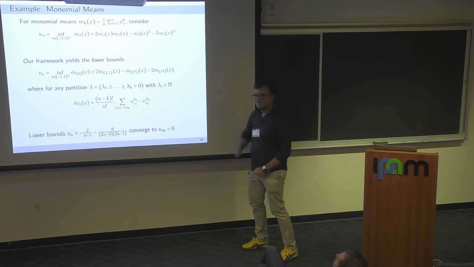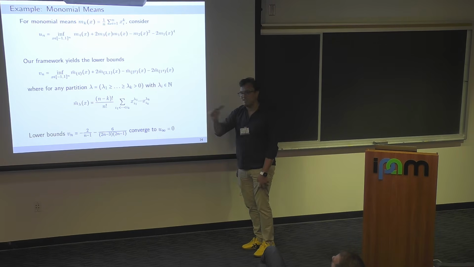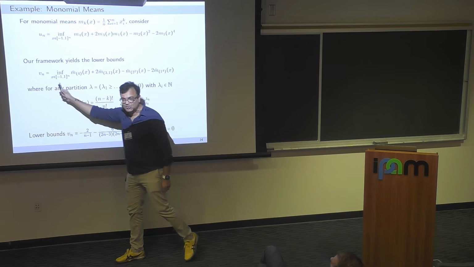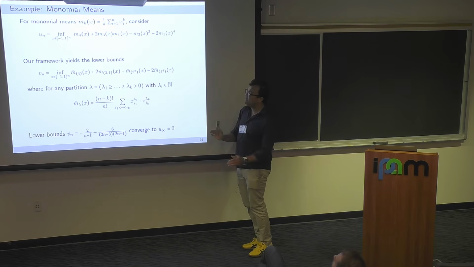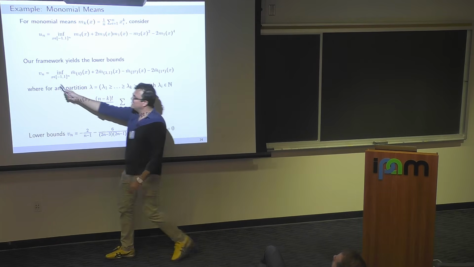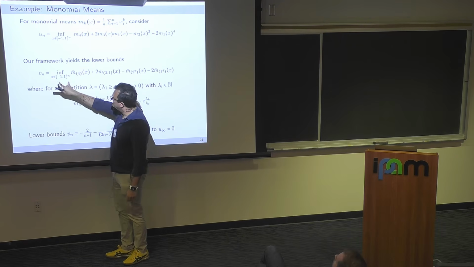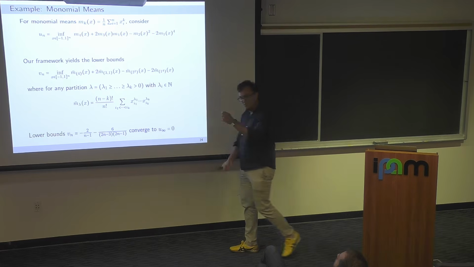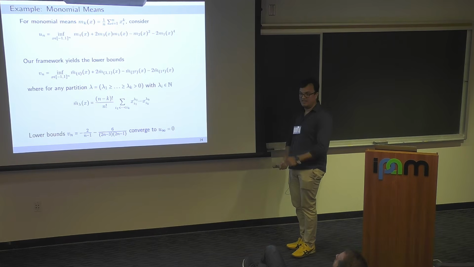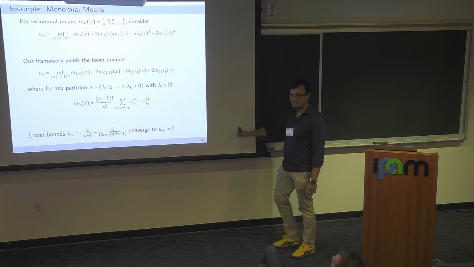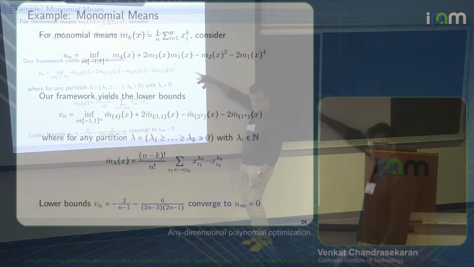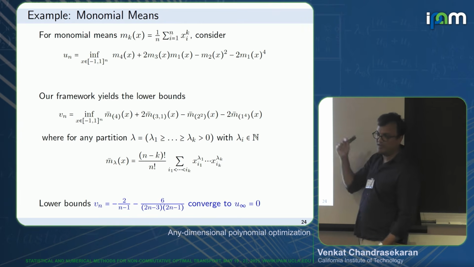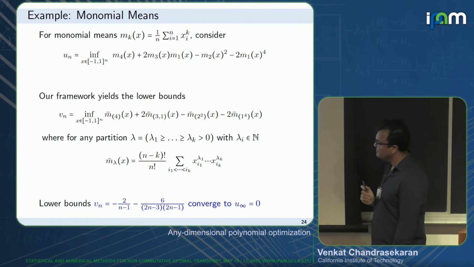But then you turn this crank of rep stability, de Finetti, and so forth, and you get for each n lower bounds of this type. The only reason we stuck with using the same indexing n is because the feasible set here and here is the same, and we can relate un and vn and give you concrete rates. But for each n here, you have this finite-sized pop that gives you a lower bound.